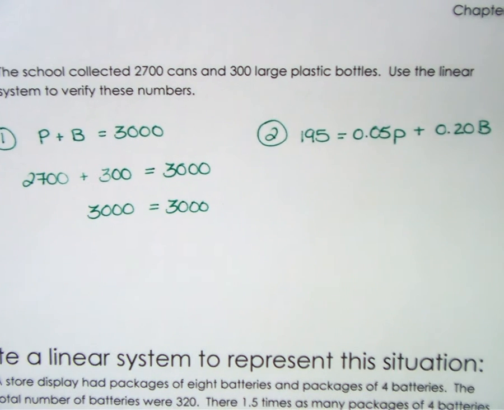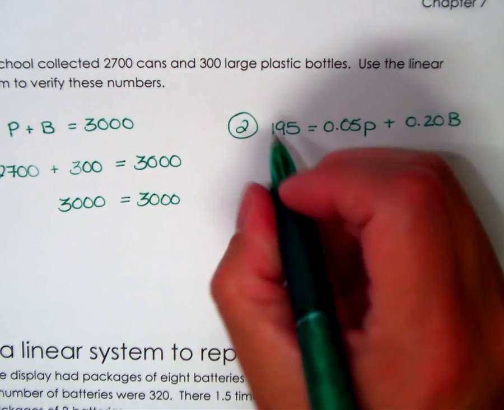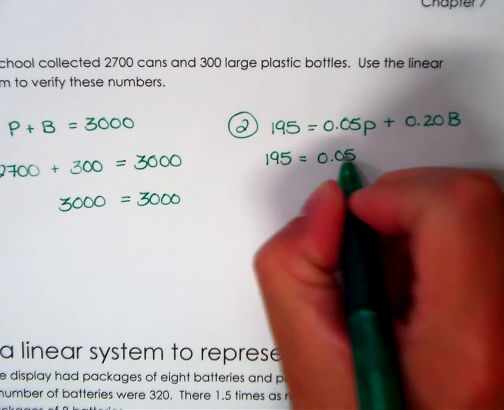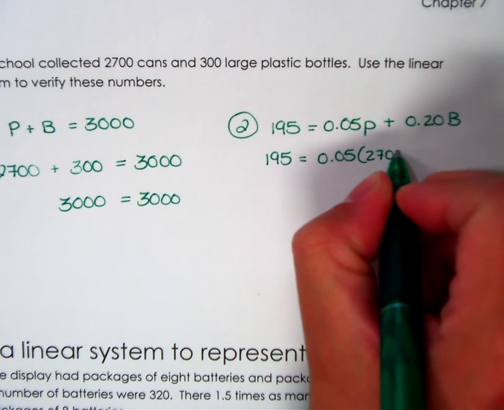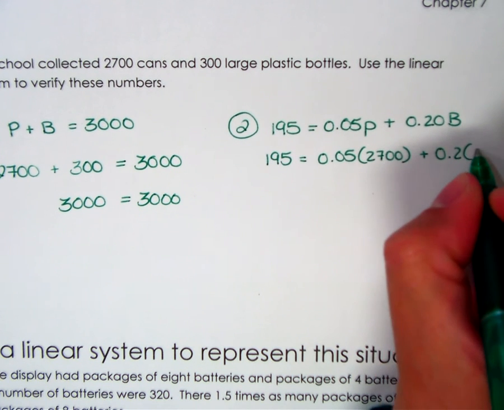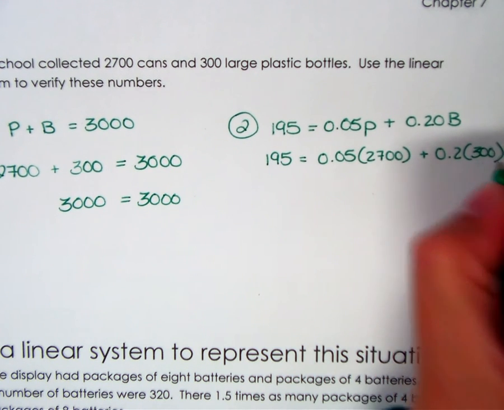So now I'm going to substitute in the information that I got, that it said I had 2,700 pop cans and 300 large plastic bottles.